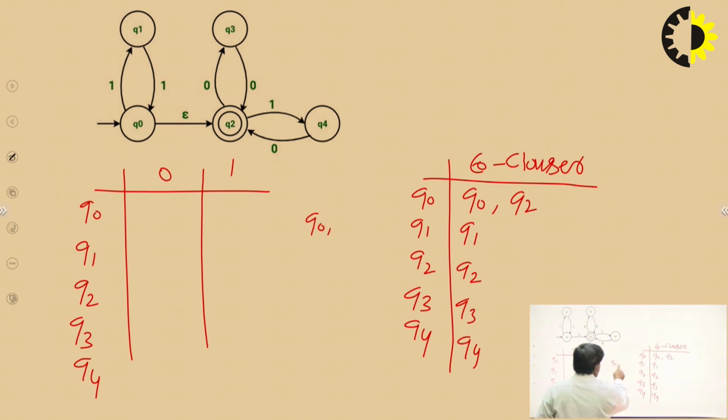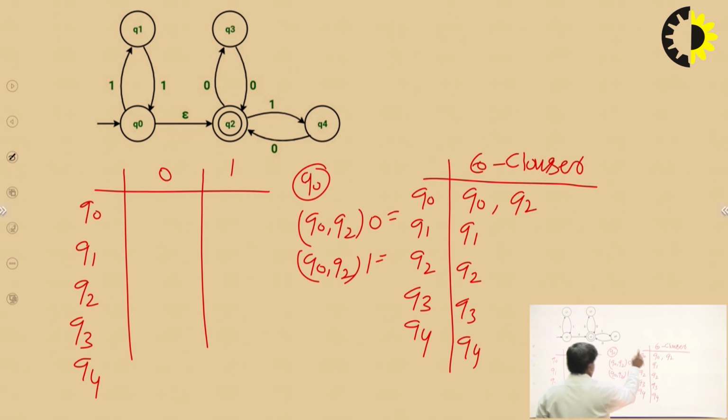Now Q0 and Q2, we check the transition on 0, that is the state for Q0. For Q0, Q2 we check the transition on 1. Now Q0, Q2 we check the transition on 0. No transition is available.